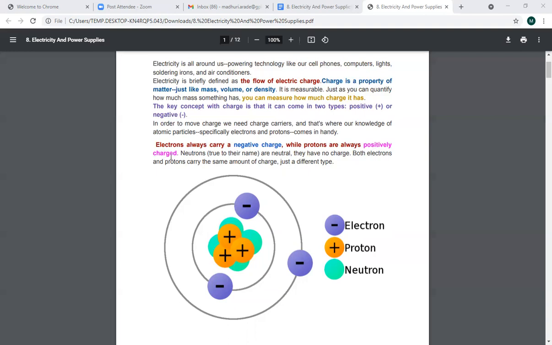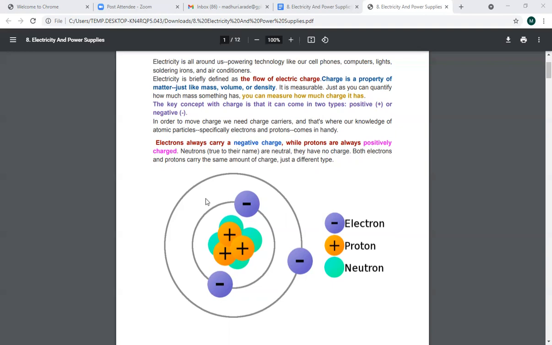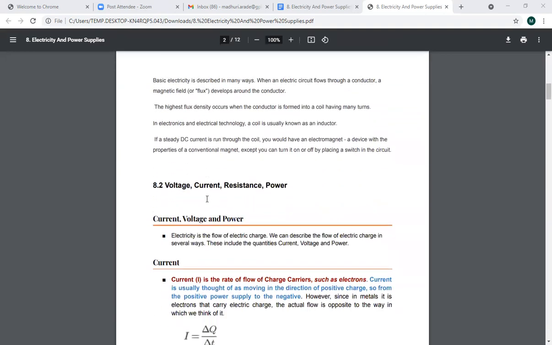Everything is made up of atoms, and an atom has components of electrons and protons. If you are having negative charge, then you have more electrons than protons, and if it is carrying more protons, then there will be positive charge. So this is about electricity.